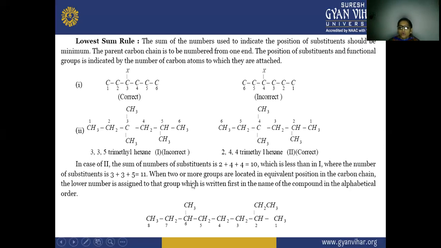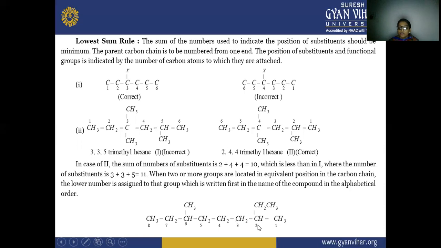When two or more groups are located in equivalent positions in the carbon chain, the lowest number is assigned to that group which is written first in the name of the compound in alphabetical order. Here you can see two groups are attached: this is an ethyl group and this is a methyl group.